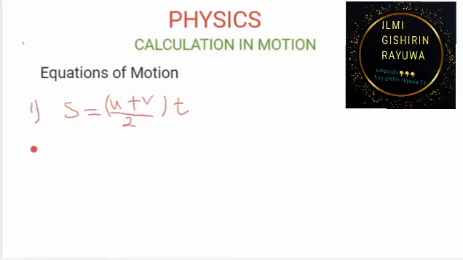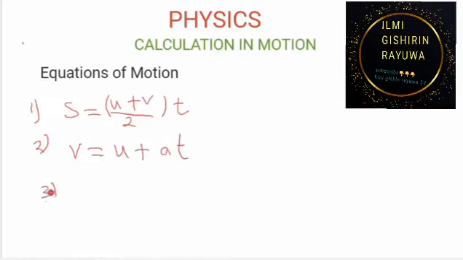That's one of the equations of motion. Number two, we have V equals U plus AT. That's the second equation. And then the third one, we have V square equals U square plus 2AS.